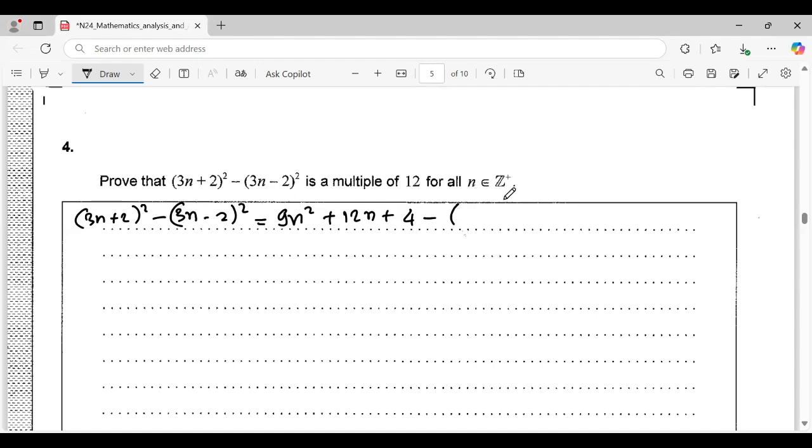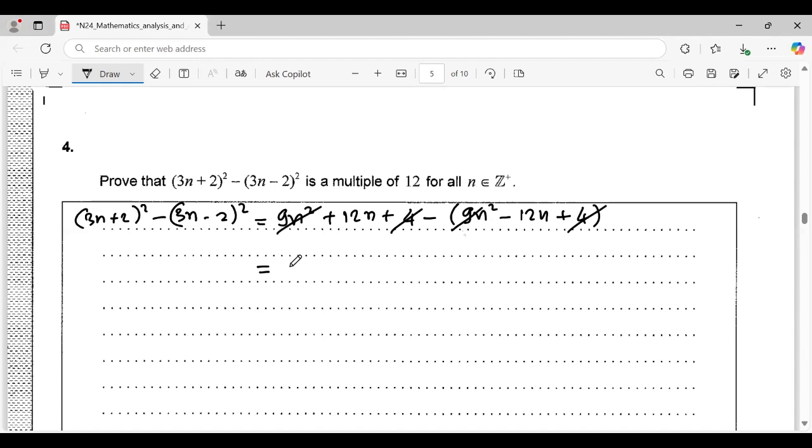minus 9n squared minus 12n plus 4. The 9n squared cancels, and the 4 cancels.